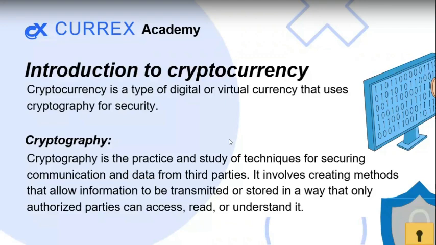Let's go back to the word cryptography to help us understand more what cryptocurrency really is. Cryptography is the process and study of techniques for securing communication and data from third parties. It also involves creating methods that allow information to be transmitted or stored in a way that only authorized parties can access, read, or understand it.